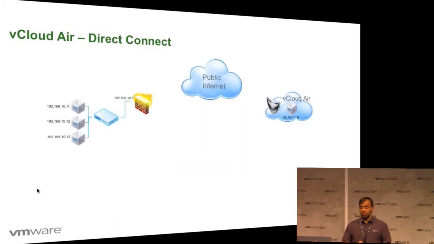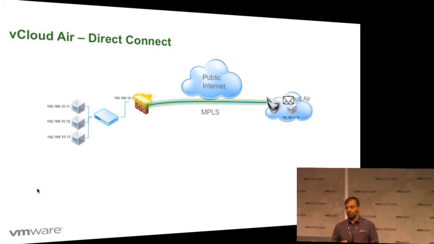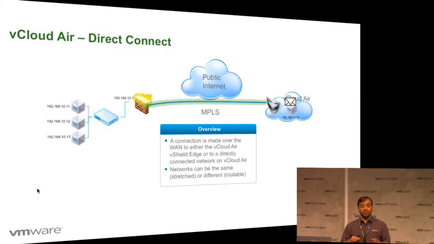The third option would be a direct connect. So we, as a customer, would engage with a network service provider. We would ask them to create an MPLS network between us and a meeting point that is allocated in the vCloud Air environment, and VMware will then create the connection from that meeting point, where all the service providers meet, into the vCloud Air environment that is allocated for my organization.